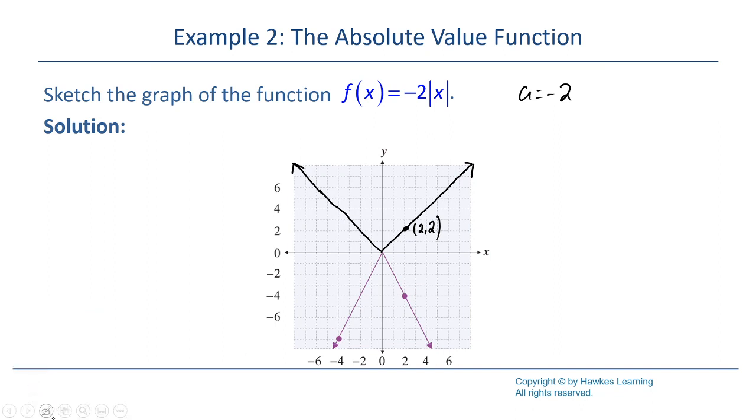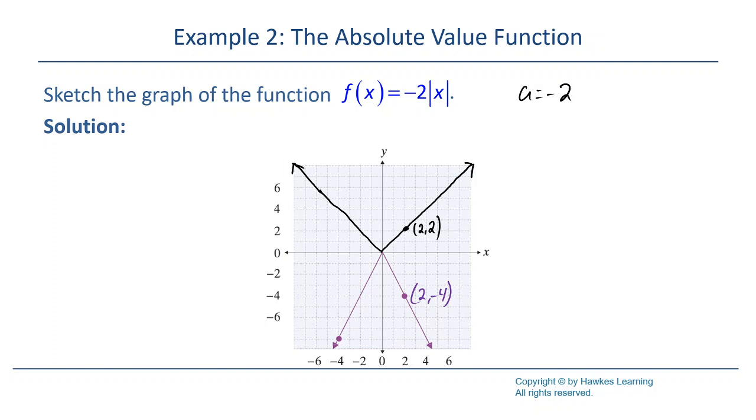But notice if I come down to this function, when I plugged in 2 to f of x equals -2 times x, I'm down here at -4, which is exactly what you expect. It's -2 times the absolute value of x. So basically what it's saying is find the value for the absolute value of x, find that function, and just multiply it by -2. And that's going to work with any value.